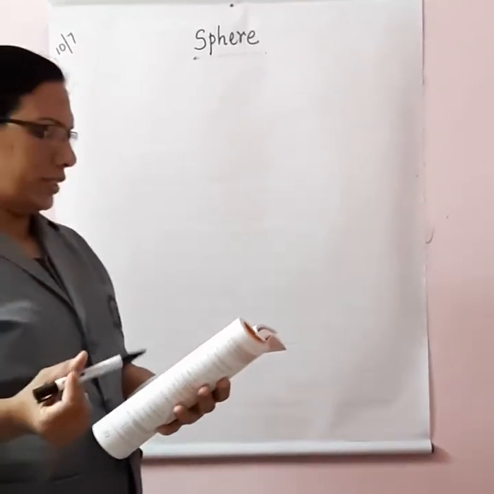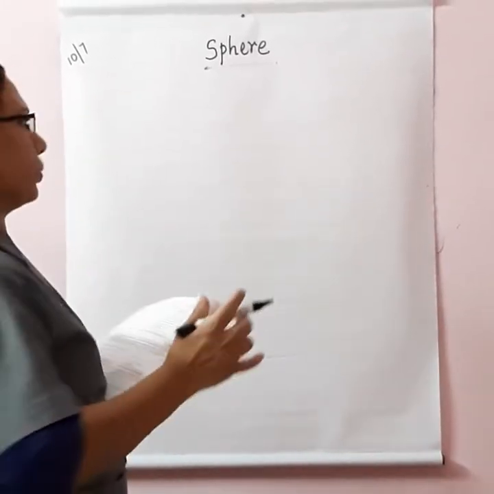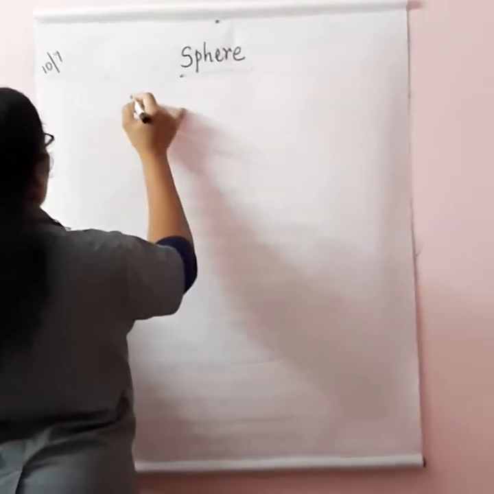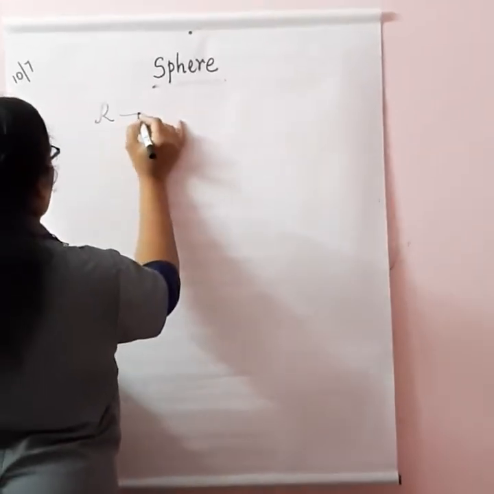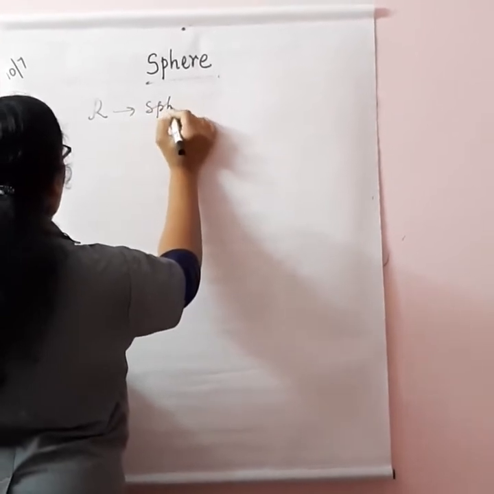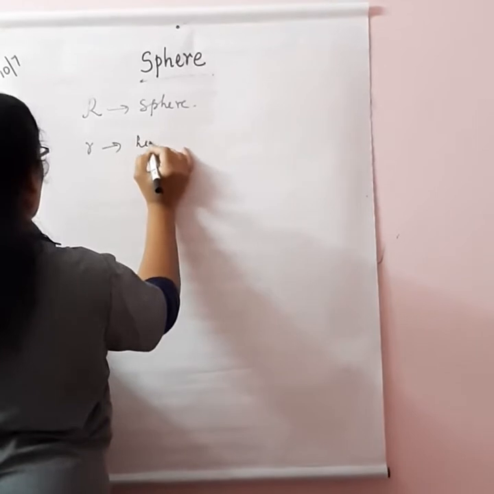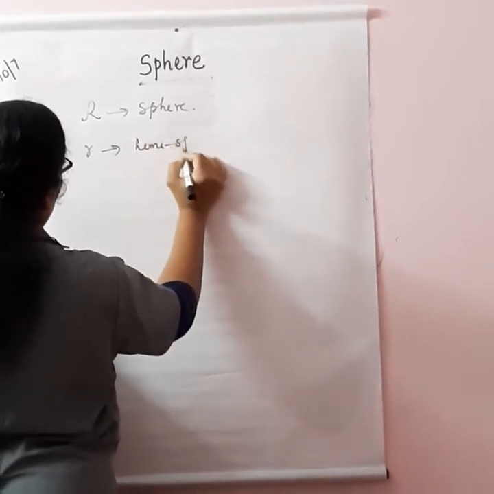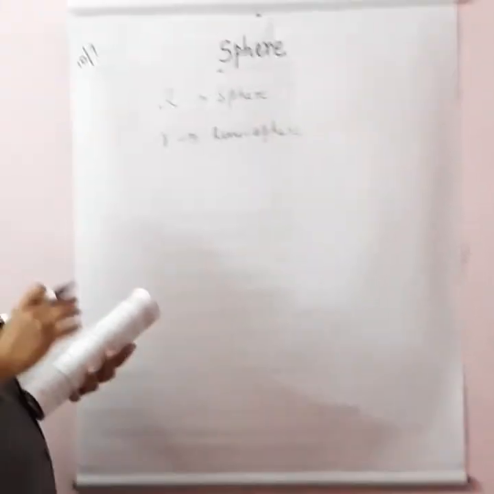Okay. Solid sphere and solid hemisphere have the same total surface area. Suppose capital R be the radius of the solid sphere, and small r be the radius of the hemisphere. Now it is told both have the same total surface area.